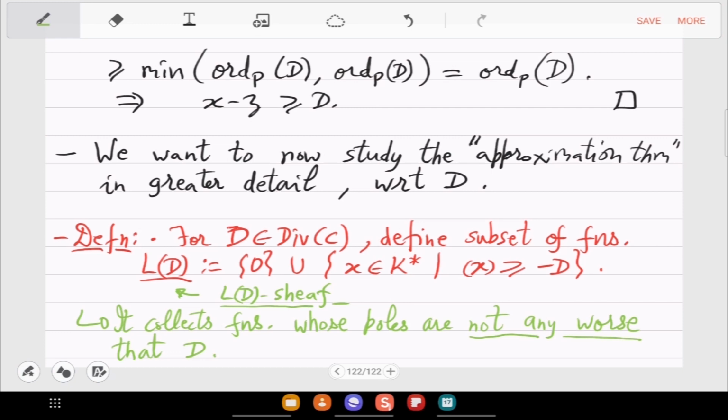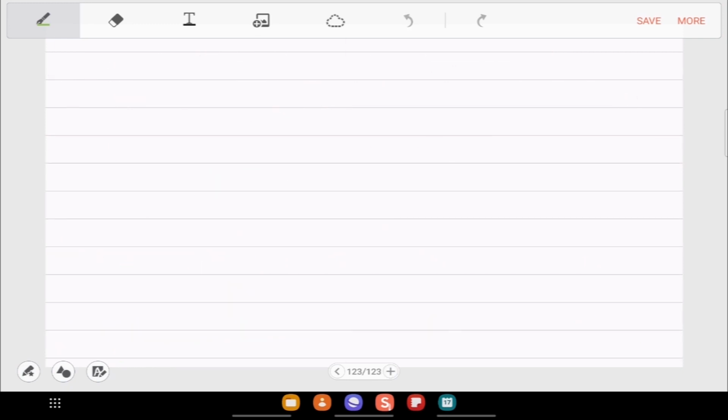Okay, so this is our LD sheaf, and I can define one more version of this because that will be better for quantitative estimates.